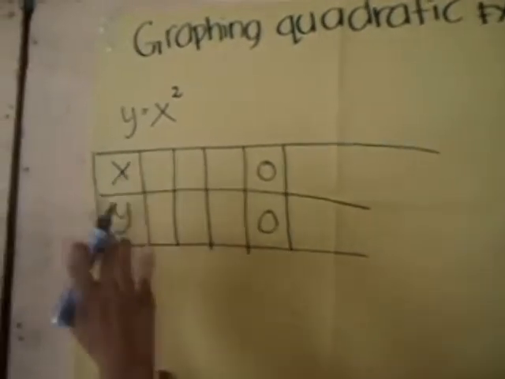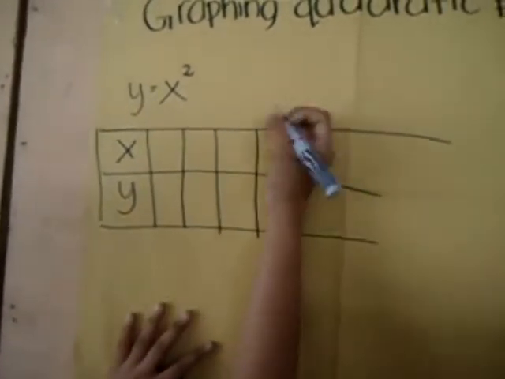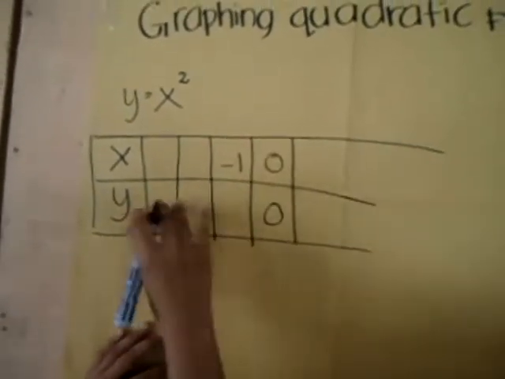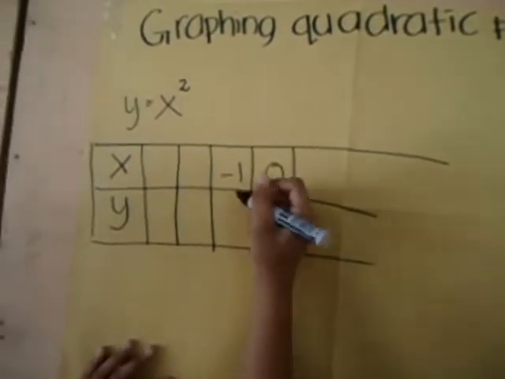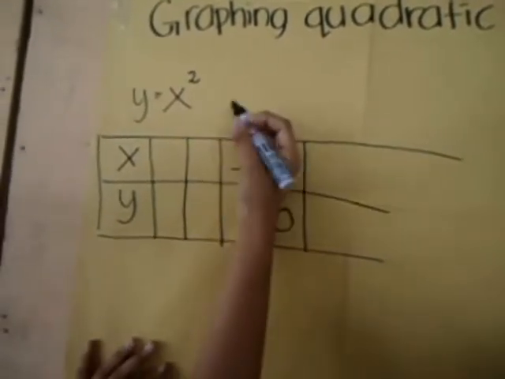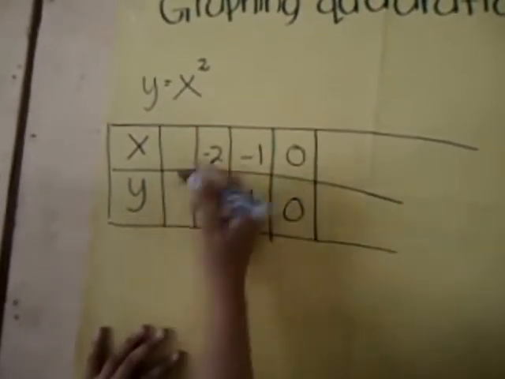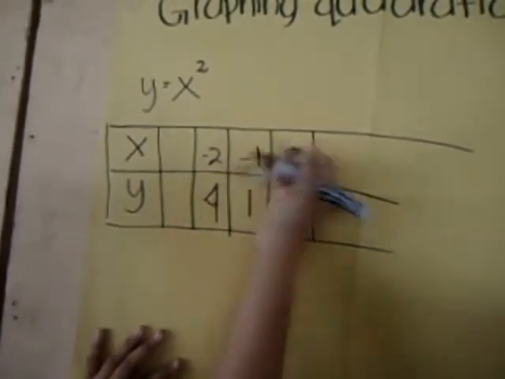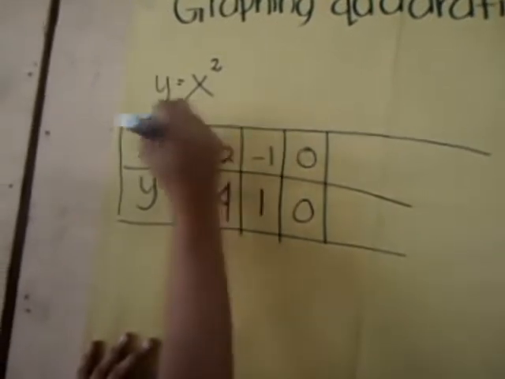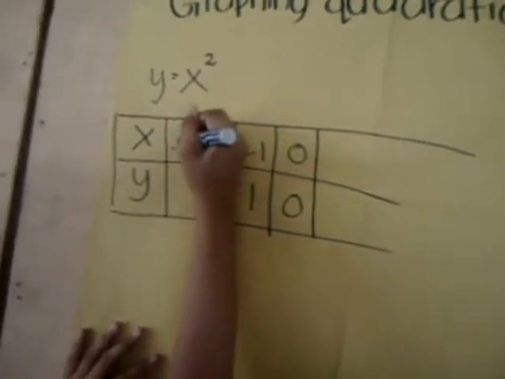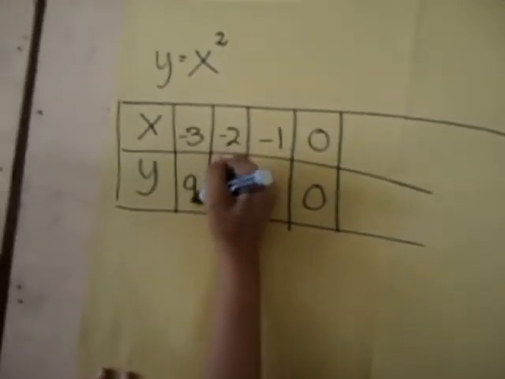We can fill the x and y. We can start by negative 1 for the x and positive 1 for y. Negative 2 and then positive 4. Then negative 3 and then positive 9.